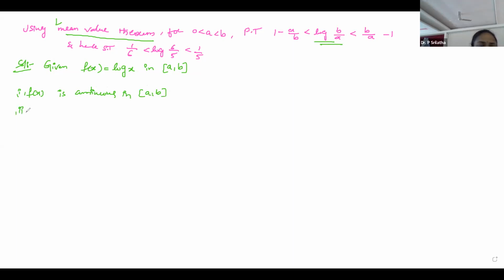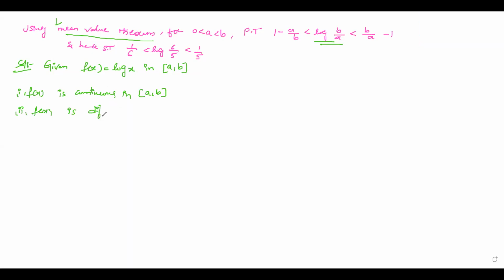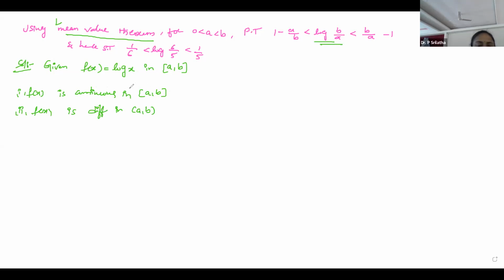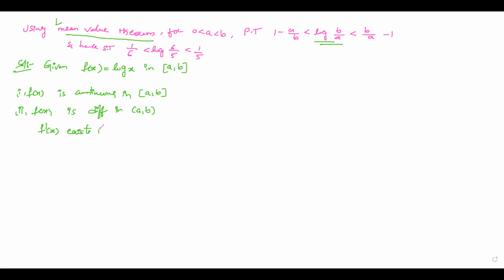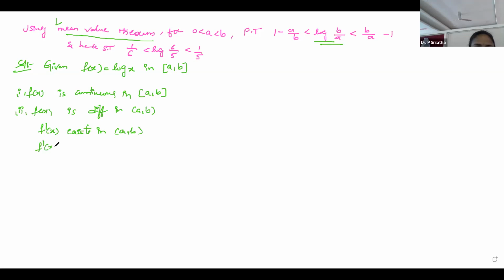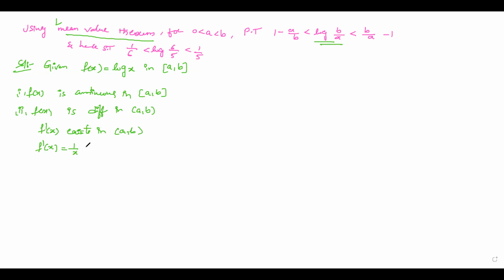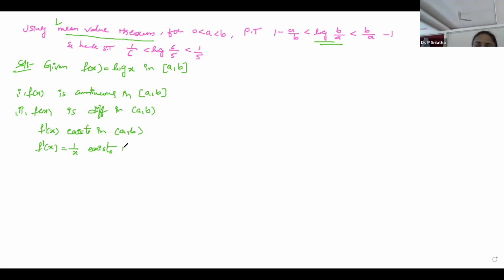And the second condition is f of x is differentiable in open interval a comma b. So f of x is differentiable means f dash of x exists in open interval a comma b, right? So what is f dash of x? Log x differentiation is 1 by x. It exists in open interval a comma b.